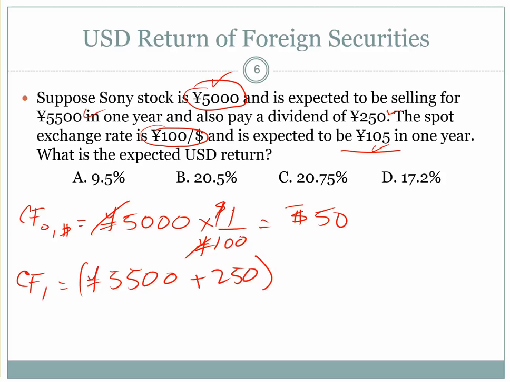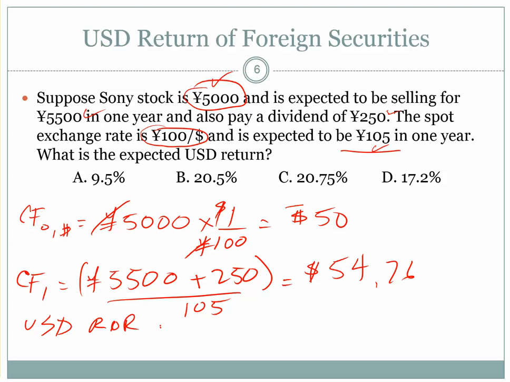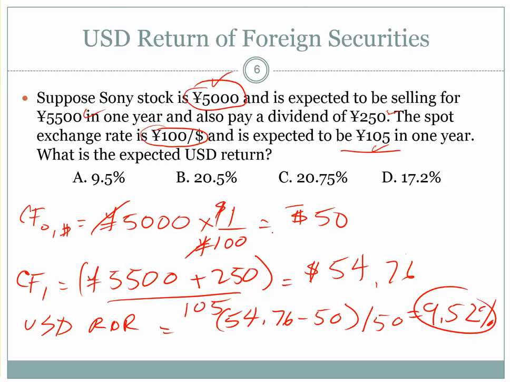So instead of multiplying times 1/105, I'll just divide this by 105. And you can see an American investor would have received $54.76. So our US dollar rate of return is going to be our 54.76 minus our initial cost of 50 over 50. So our US dollar return is 9.52%.